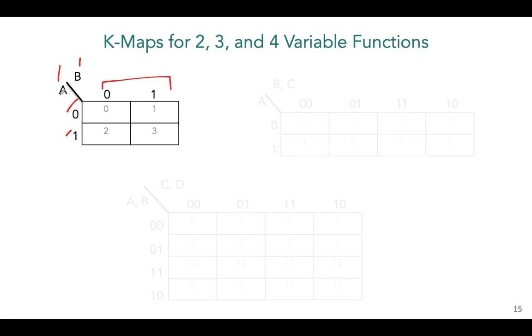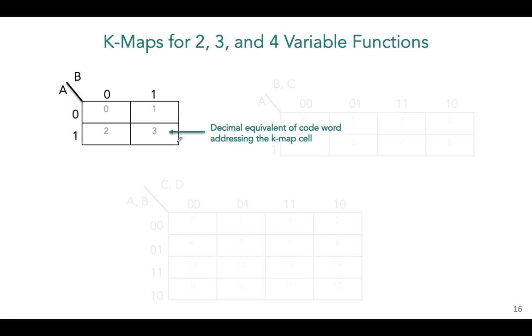Now, since A can be either 0 or 1, and B can be either 0 or 1, the resultant map looks something like this. It has 4 cells. And here in the gray, we have given numbers to these cells. These numbers are the decimal equivalents of the code words which address the K-map cells. So in this case, we have 4 cells.